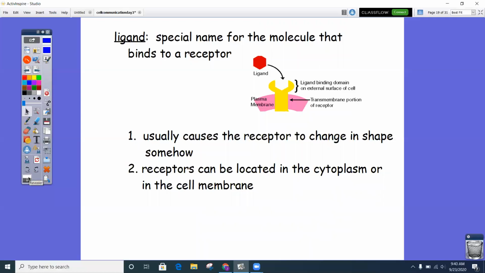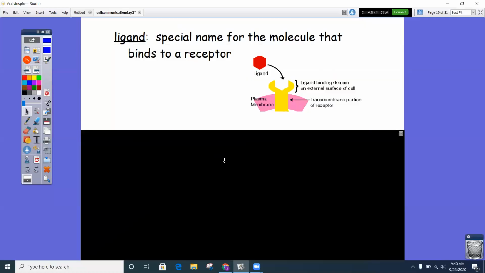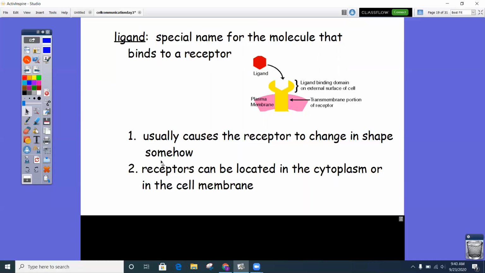Okay, ligand. You're going to hear this term a lot in this unit. A ligand is a special name for a molecule that binds to the receptor. So here, a ligand is binding to a receptor, and then it's going to cause something else to happen within that cell. So usually when a ligand binds to its receptor, it causes the receptor to change shape in some way.